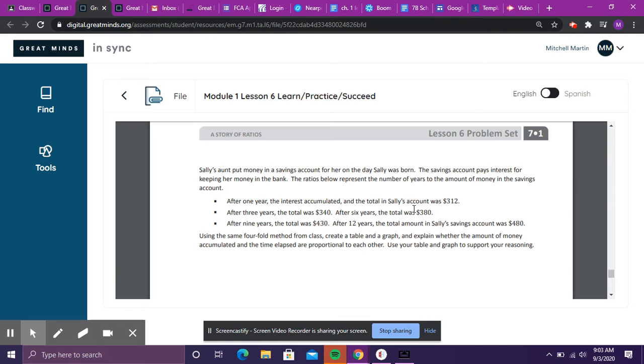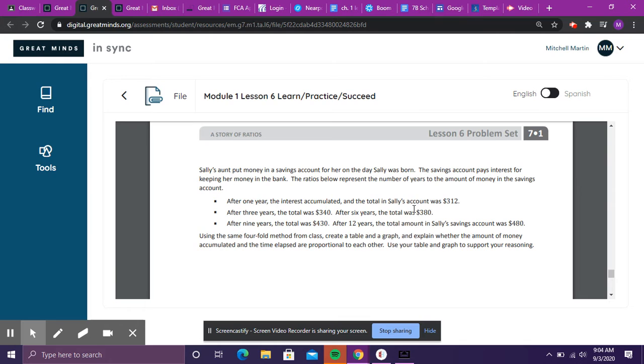So you should be at this part of the page here. We're just scrolling all the way down to the problem set. We're on the struggle bus today.